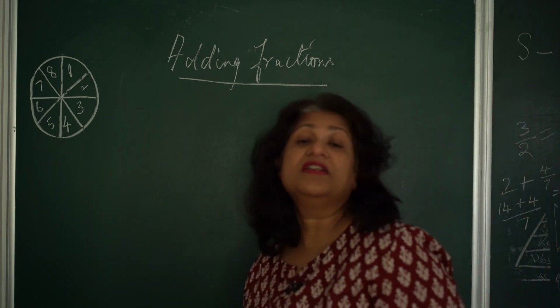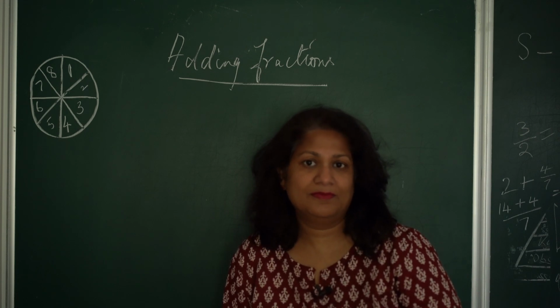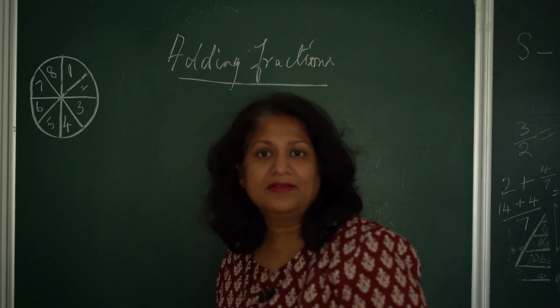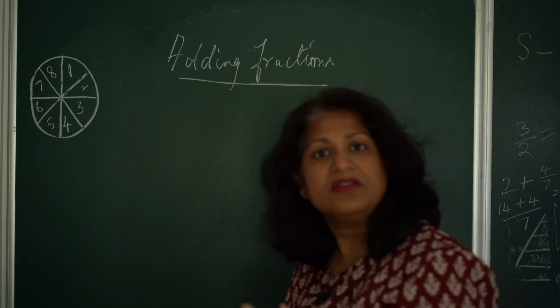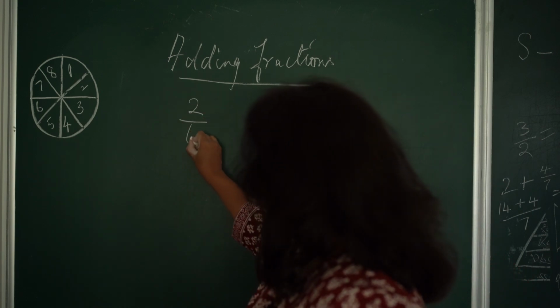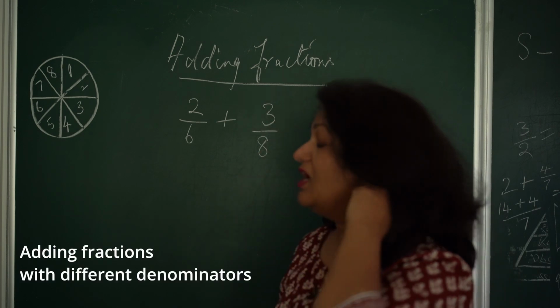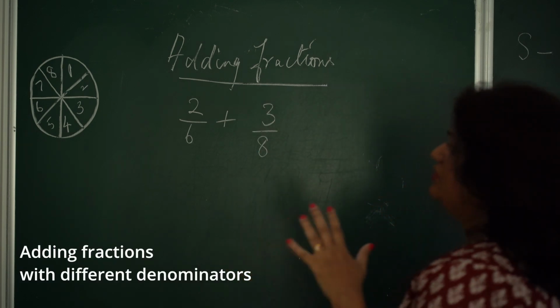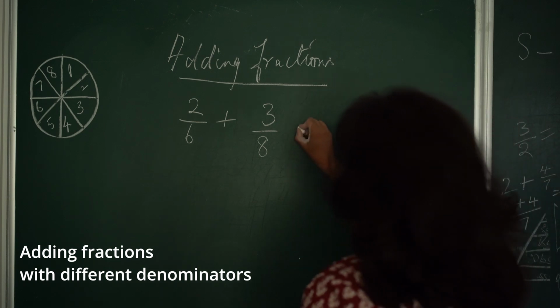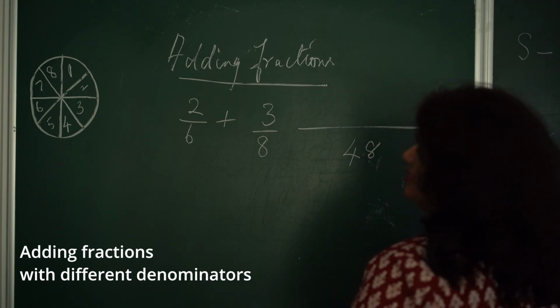This is an interesting condition when the denominator is different, right? Then you cannot add it because they're different things. Let's say I add 2 by 6 plus 3 by 8. The simplest way to do this is take a common denominator of 48.